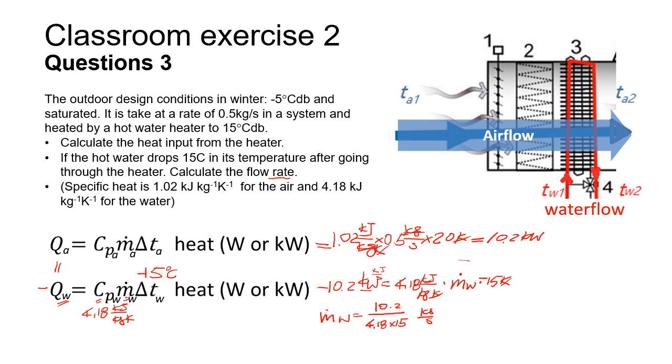So if you think about this device in our laboratory, the heater will be charged by electricity, and we can measure the current and the voltage. So we know how much power input, and we can calculate the heat input by the electric heating coil.